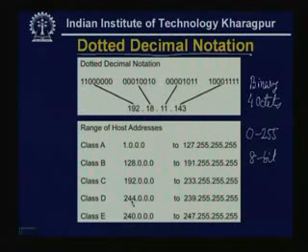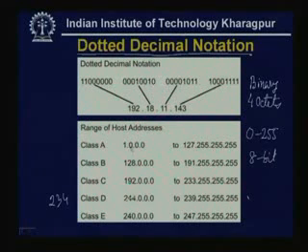Here there is a mistake, actually class D should start from 224, so it has to be 224.0.0.0 to 239, and on the other hand, it is from 240 to 247. This is class E. Of course it is not in use.